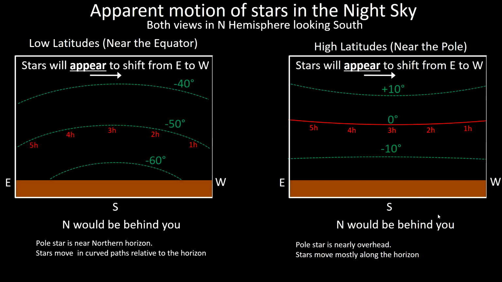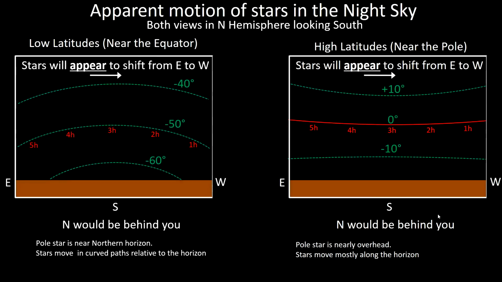So, a couple of things to note then, where the position of the pole star is. The pole star, or Polaris, is the star that is directly above the north celestial pole. So that means that it isn't affected by the Earth's rotation because it's at the centre of that rotation. So it is utterly fixed, and if you're trying to go north, that's the direction to go in, towards the pole star.